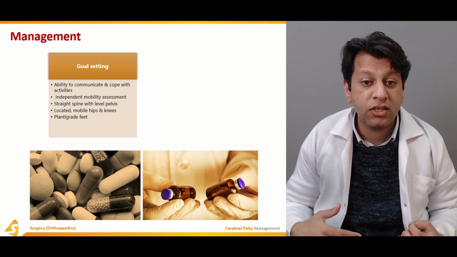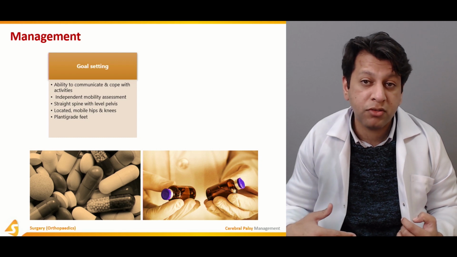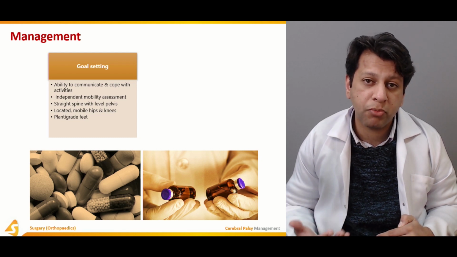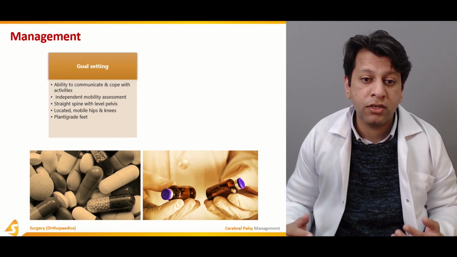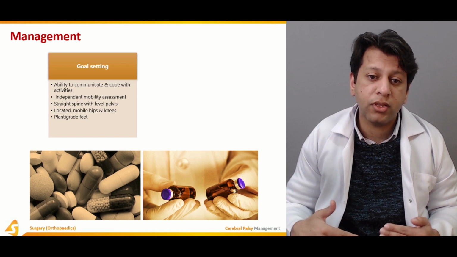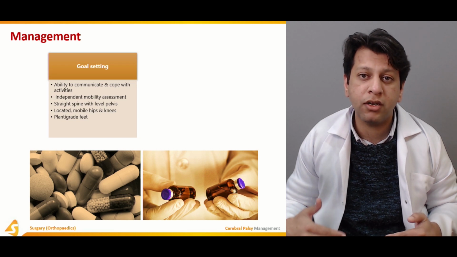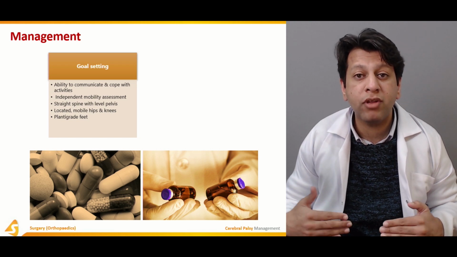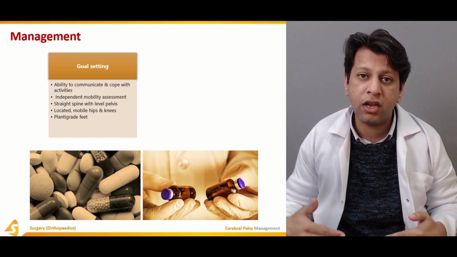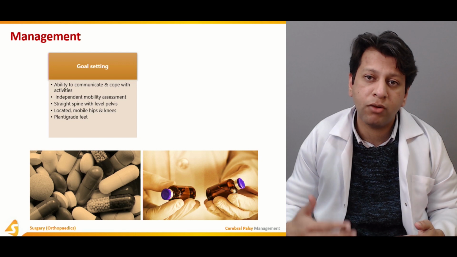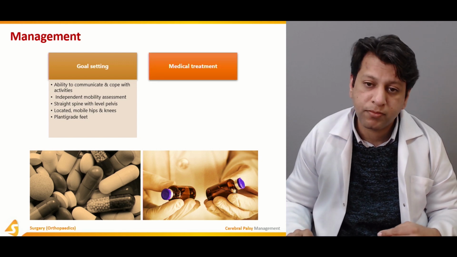Whether this child has a straight spine or not, a level pelvis, because if the pelvis is oblique or the spine is scoliotic, the child will not be able to properly sit even in a wheelchair. So that is important. Then how much mobility and flexibility is present in the hips, knees and ankles. All this has to be determined and communicated to the parents, so they know what we are expecting in this child.